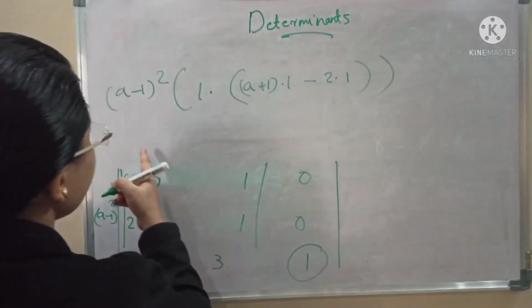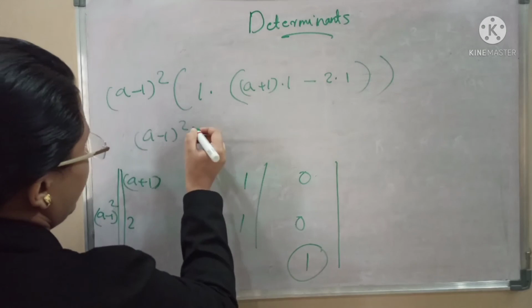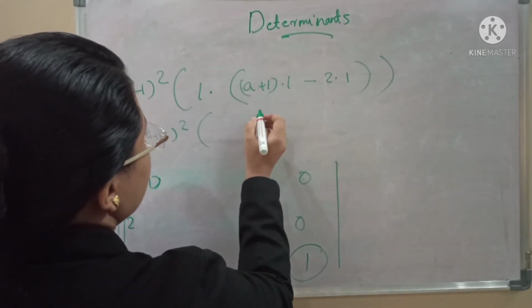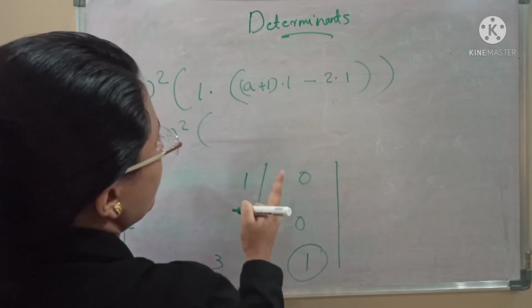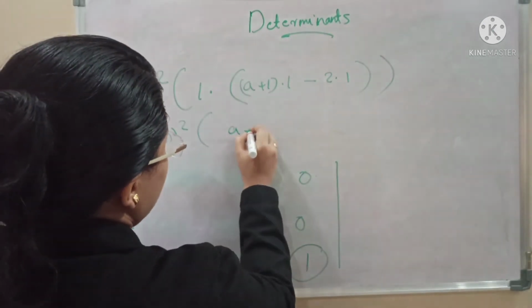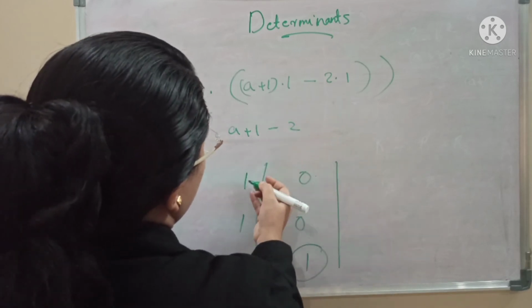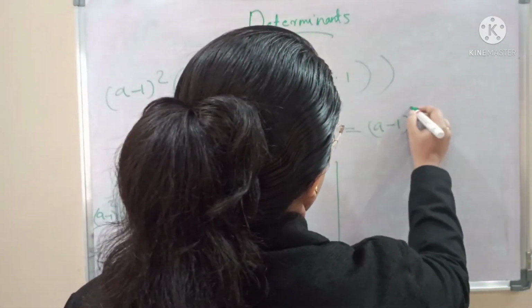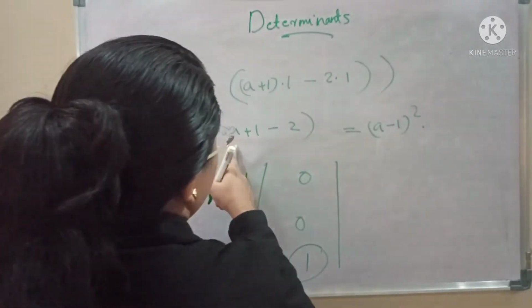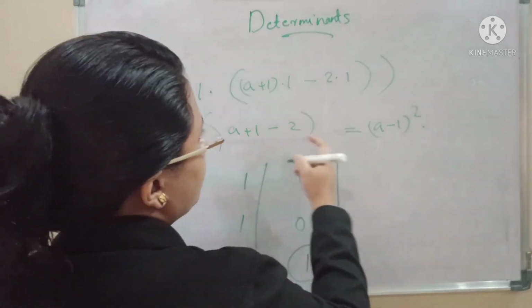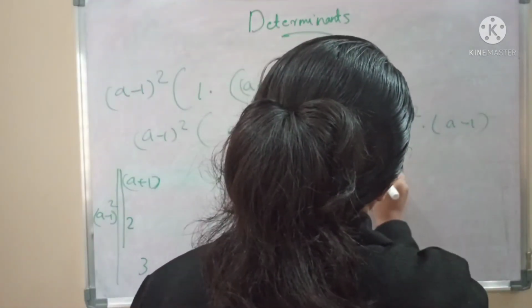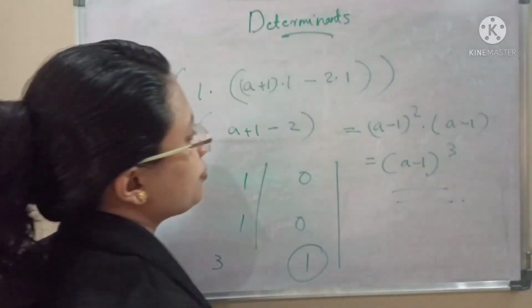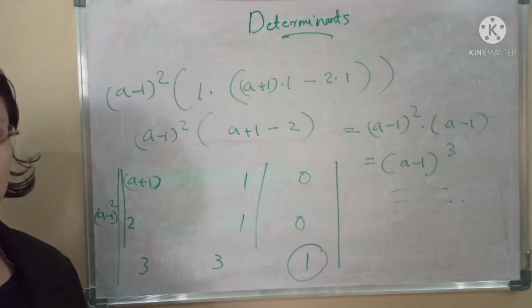So (a minus 1) whole square into (a plus 1) minus 2, that will be a minus 1. So the answer is (a minus 1) whole cube. So hence proved. Clear?